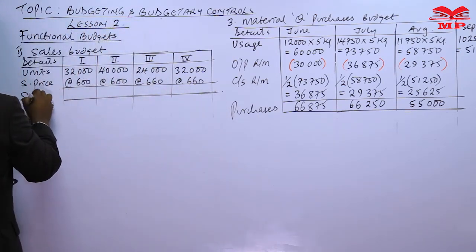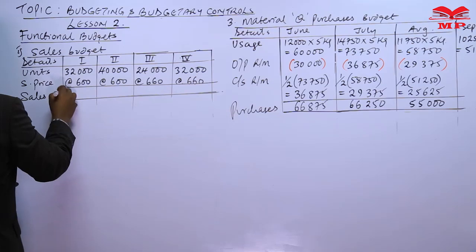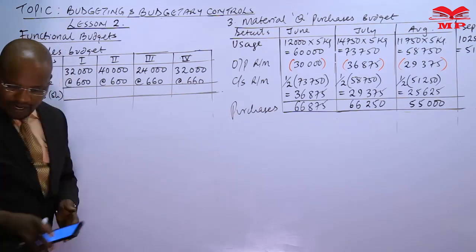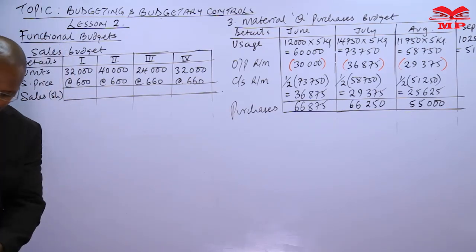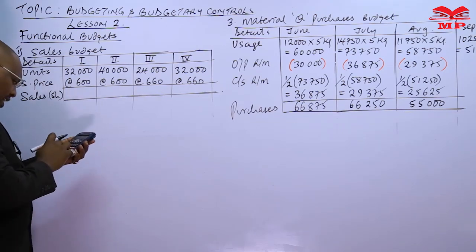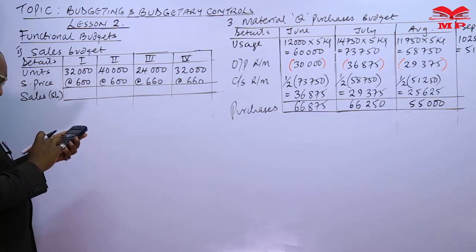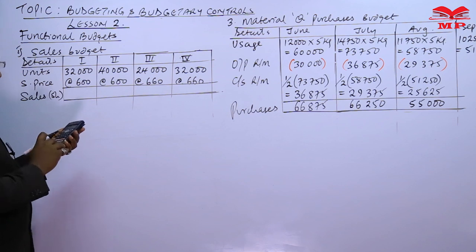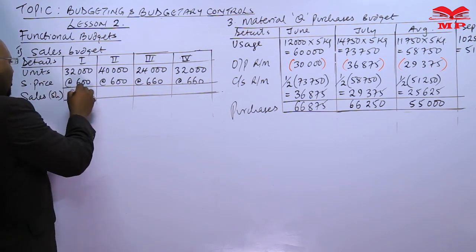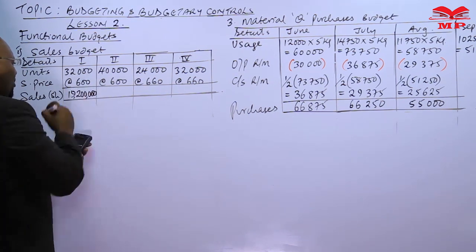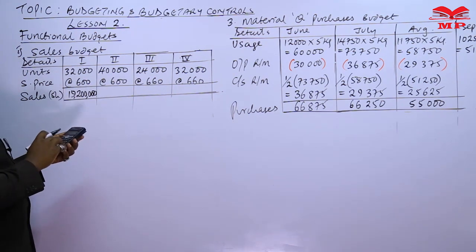So that now we can get our sales in value as expected there. So you have sales in shillings, in revenue. You multiply this. This will give us 2,000 times 600, which is 1,200,000. Then you have 40,000 times 600.